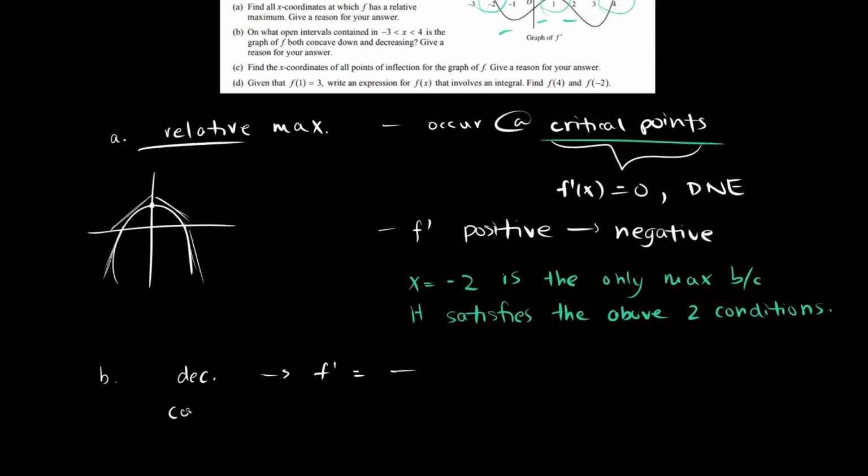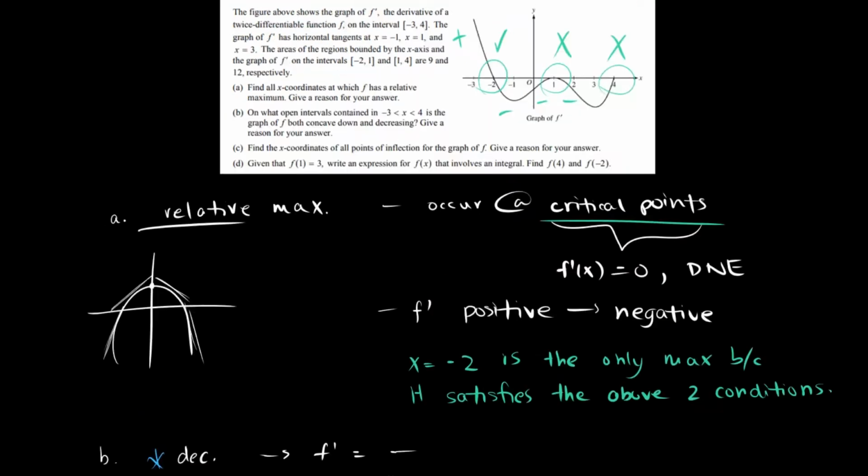And concave down means that the second derivative is negative. Recall also that the second derivative of f is just the slope of the graph of f prime. So let's call this one blue and this one purple and see what intervals seem to satisfy both conditions.